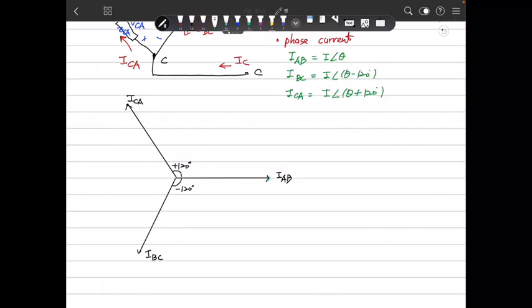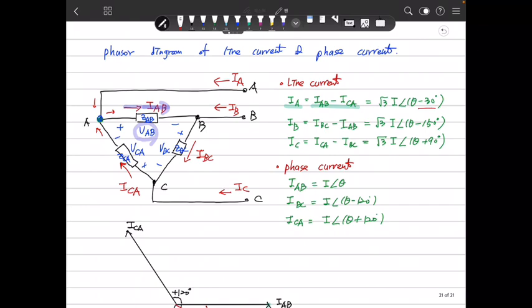So we get this: this is IA. It is delayed by minus 30 degrees, a minus 30 degree here.